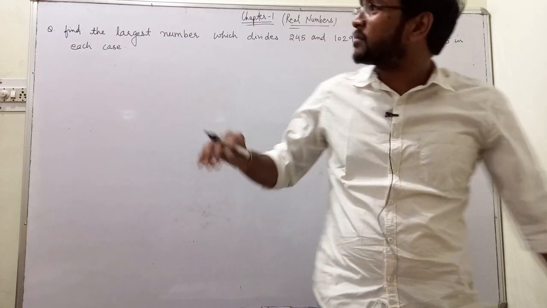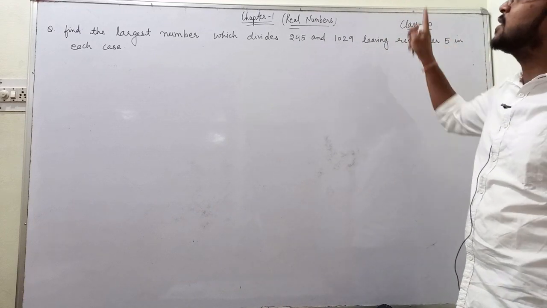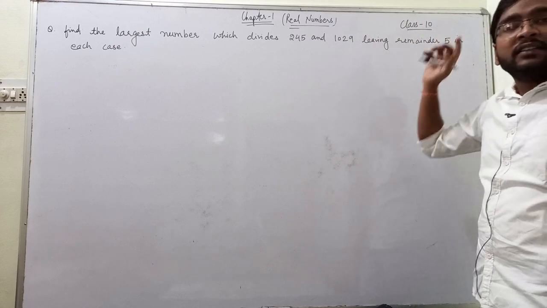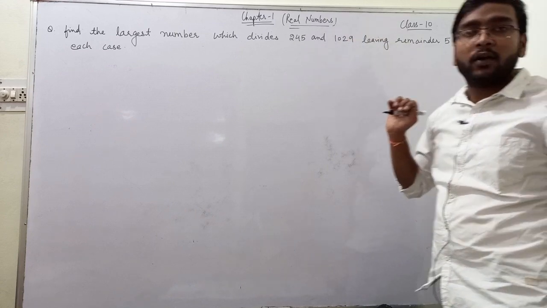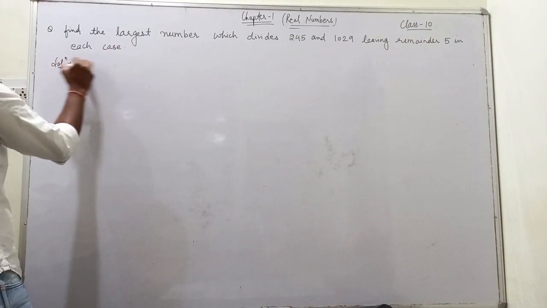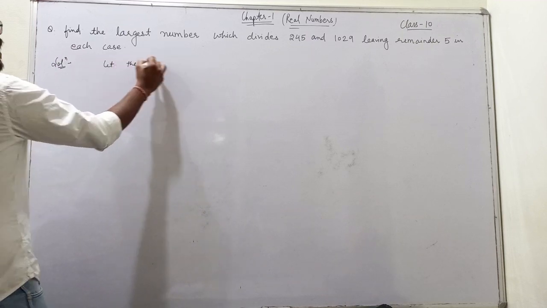The remainder is 5. So if a number divides 245 and 1029, leaving the remainder 5, then it must completely divide 240 and 1024. Okay, so we can write, let the required number be x.